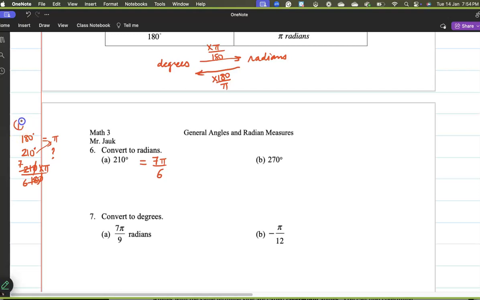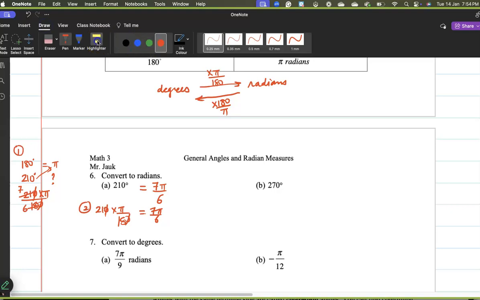The other way is to take your angle and simply multiply by pi by 180. You'll get the same answer, so use whichever you like.